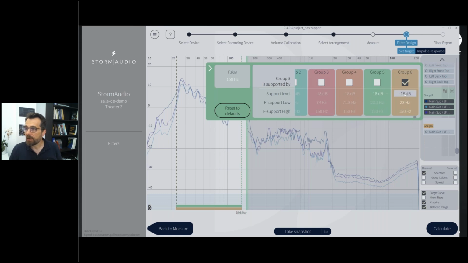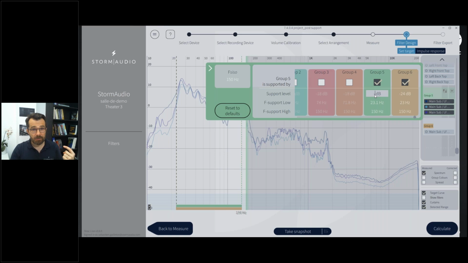So this one, I'm going to select at, for example, -24, while group 5 is the subwoofer group, and I make sure that it is selected as a support. And then this one, I would do the opposite. I would lower its contribution by increasing the level.